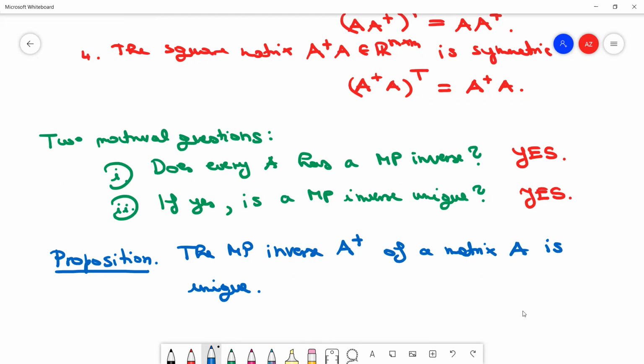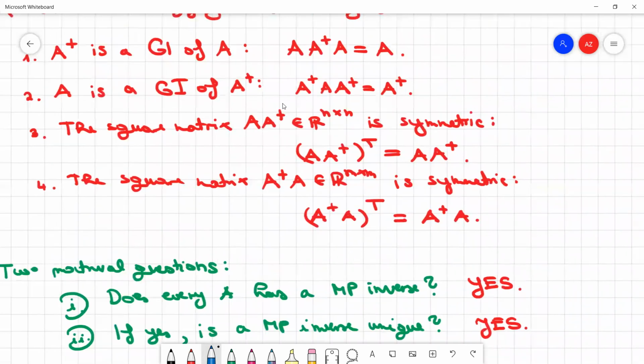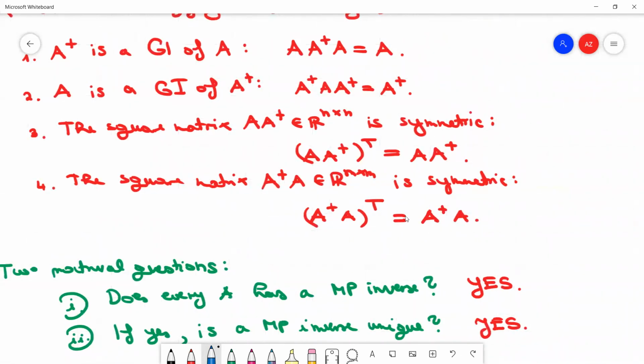So we don't even know that it exists, but we already say that it's unique. And the reason is that we don't need to know how to construct it to prove that it is unique. Why? Because the proof of this proposition only uses those 4 conditions. So playing with these 4 conditions is enough to prove that the Moore-Penrose inverse is unique, and we don't even need to know that it exists.